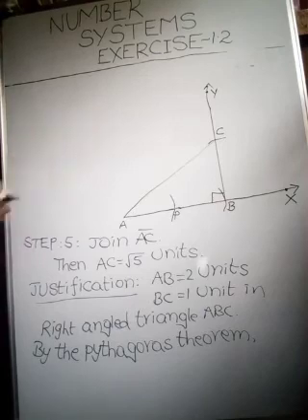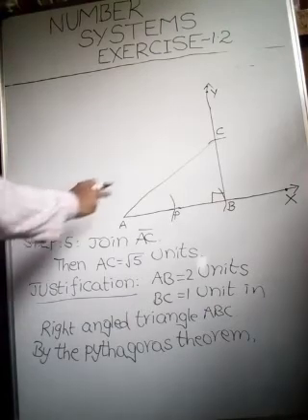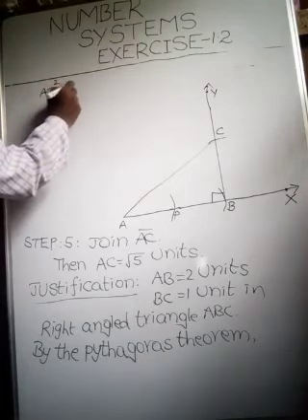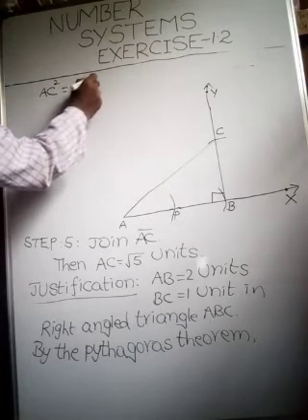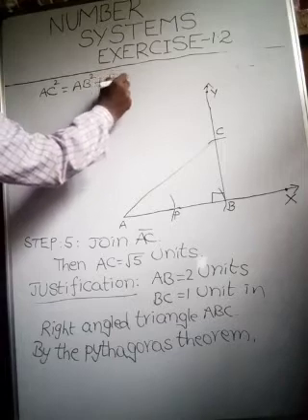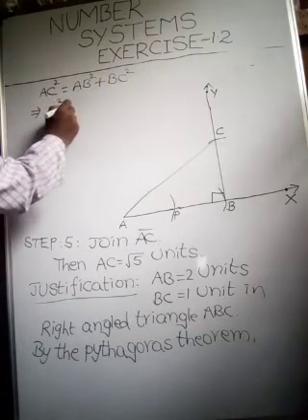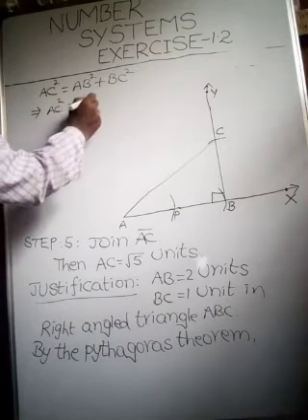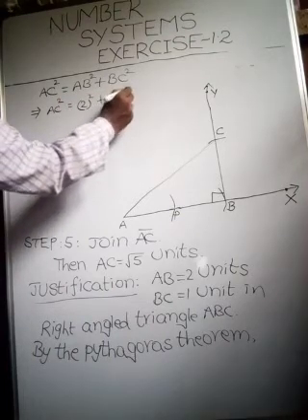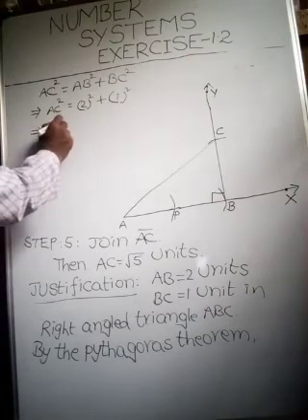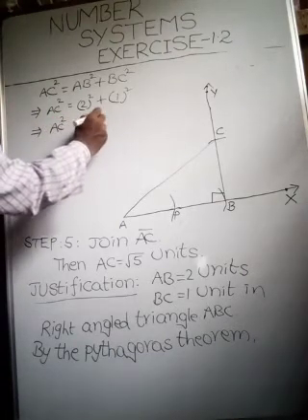By the Pythagoras theorem, AC square is equal to AB square plus BC square. This implies AC square is equal to 4 plus 1.